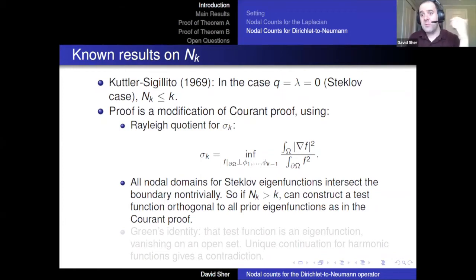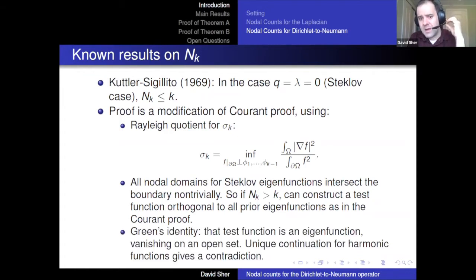And what that lets us do is play the same game as Courant. We can construct a test function orthogonal to all the prior eigenfunctions, because the orthogonality conditions are non-trivial. Then that test function, that linear combination, that Frankenstein thing, is an eigenfunction: if you use Green's identity, you see that it's an eigenfunction vanishing on an open set.